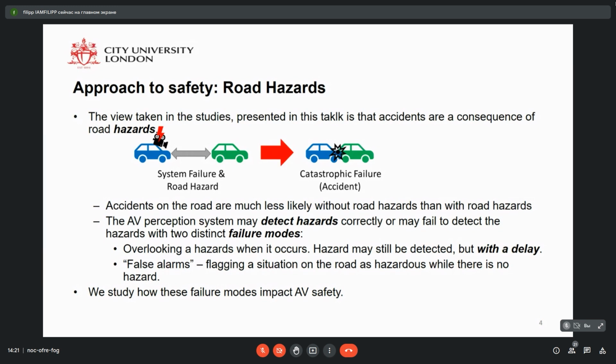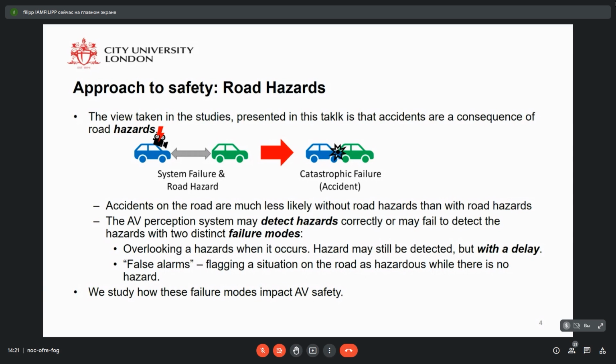If the perception system fails to recognize a hazard, for instance, an obstacle on the road, this is not necessarily forever. It may be for a very short period of time, a second, maybe a couple of seconds, and eventually the perception system may recover and seize the hazard, assess it correctly. So we're trying to capture this in our models and see what are the consequences of parameters which represent the details of what is happening on the road.